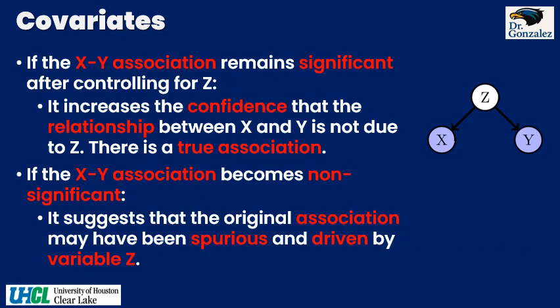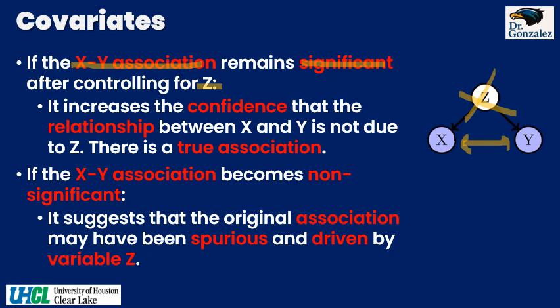If I have an XY association and it remains significant when I control for Z, I've got a true association. I took Z out of it, and these things were still paired with each other.